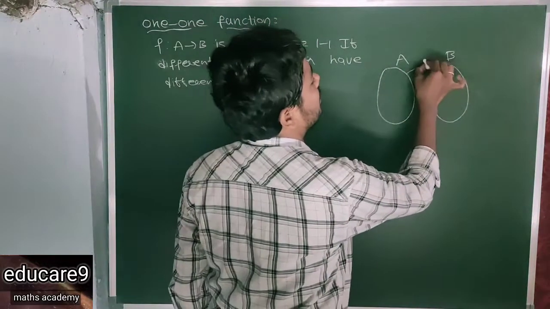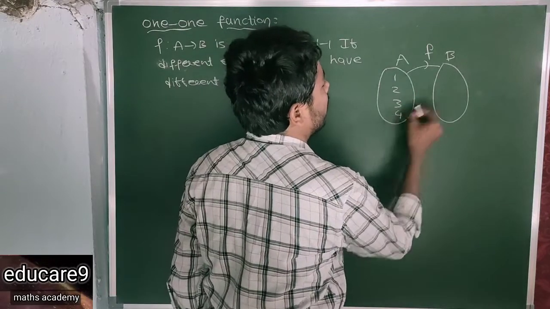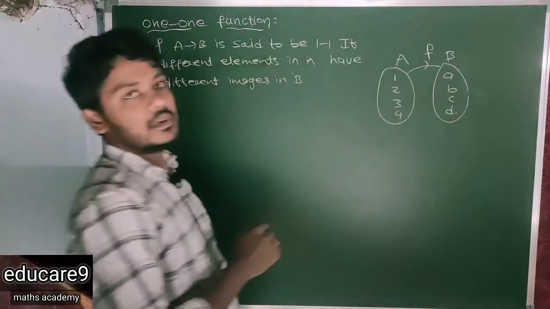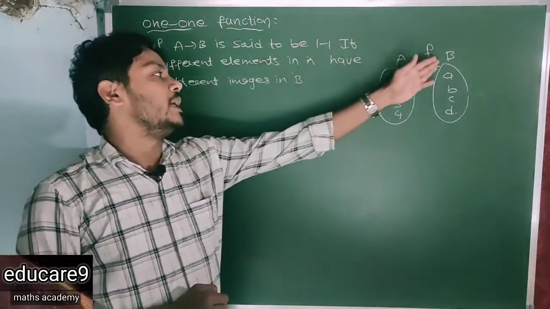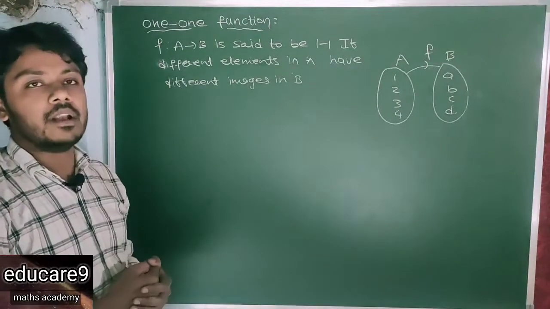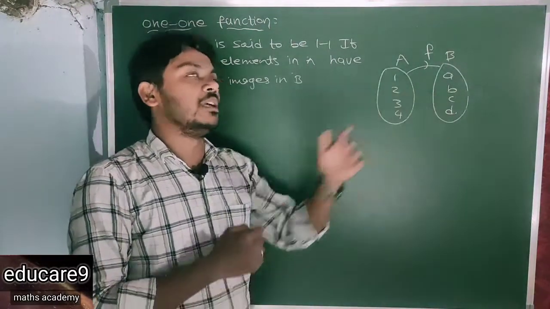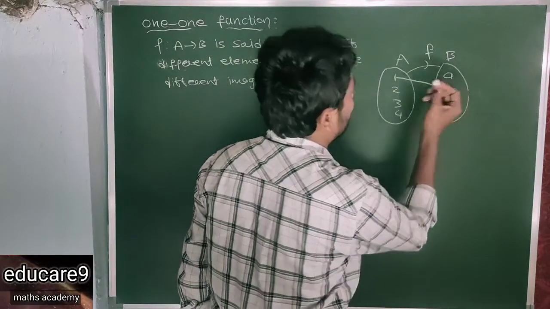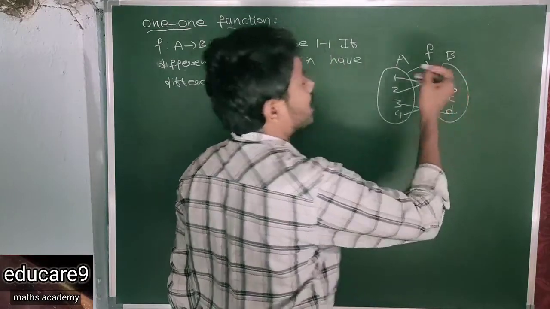Here A has the elements 1, 2, 3, 4 and B has the elements a, b, c, d. If f from A to B is said to be 1-1, different elements have different images in B. See here, 1 is mapped to b, 2 is mapped to a, 3 is mapped to d and 4 is mapped to c.